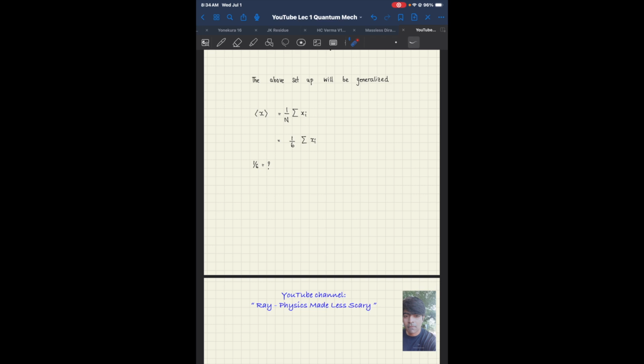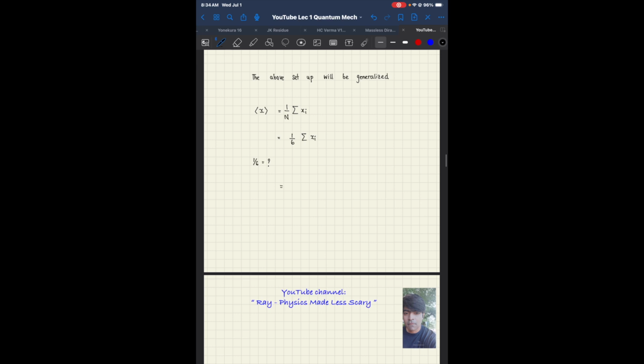So this you can write as, in fact, this is the more general definition.